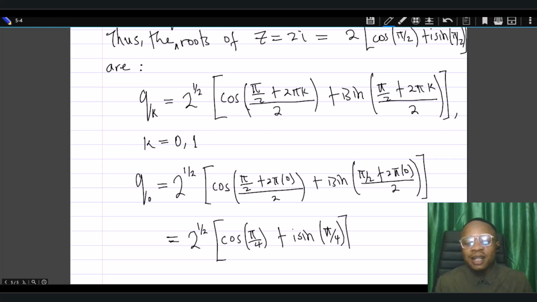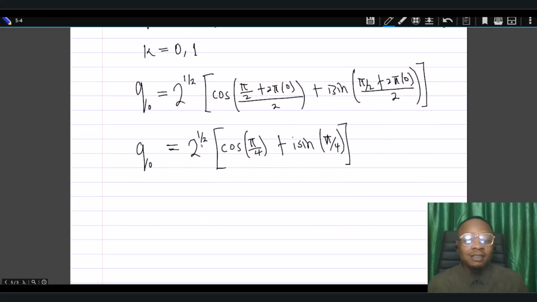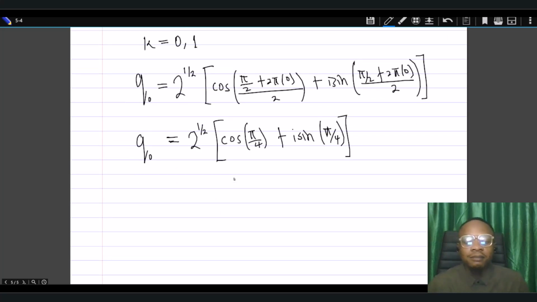So with this, we are good to go. This will be the first root of z equals 2i. That's what we're looking at, the first square root to be precise, of 2i. And what does this give us? Can we possibly simplify that? Yes, pi over 4, we know pi is 180 degrees, pi over 2 is 90 degrees, pi over 4 is 45 degrees.